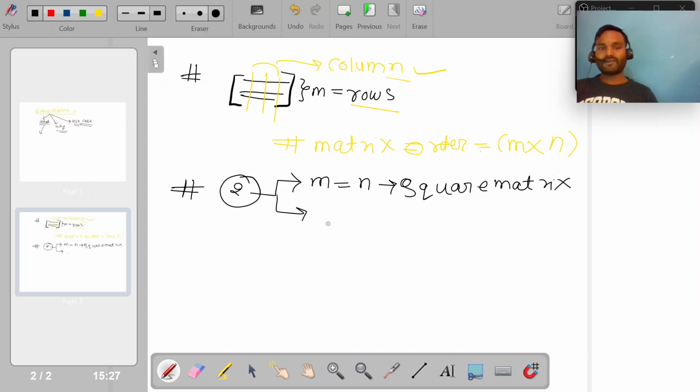If the number of rows is not equal to the number of columns, it is known as a rectangular matrix.